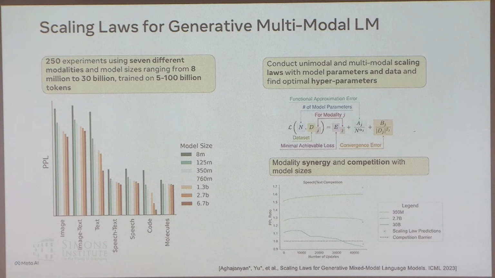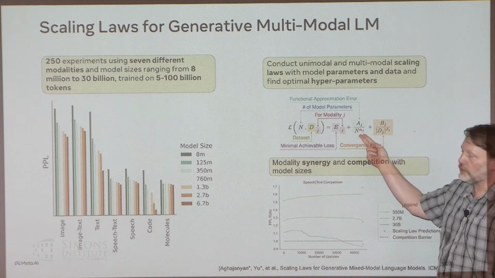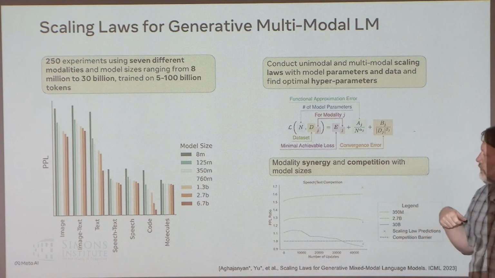And in general, are you going to get competition within the single model across the different modalities, or are you going to get synergy, where adding more of one modality will actually help the other? I won't take you through all the results, but you get a power law, with a few extra constants to account for modality-specific behavior. But this looks like a pretty familiar power law you may have seen before.